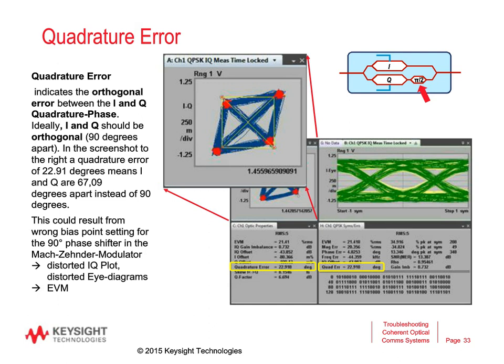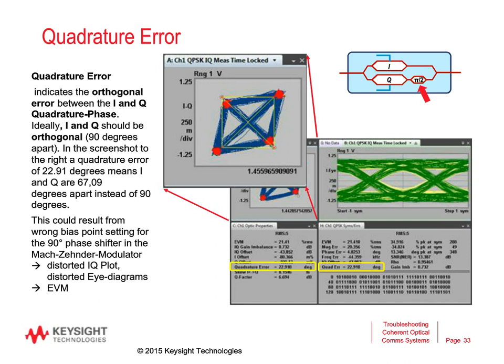So typically this angle should be 90 degrees, but in this screenshot we see that it is obviously not 90 degrees anymore, and the measurement result window shows you exactly what the actual value is, and it reports an error of 23 degrees. So that means my constellation is only 67 degrees in angle between I and Q.